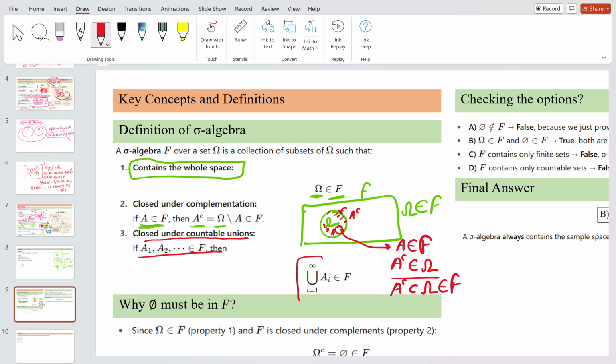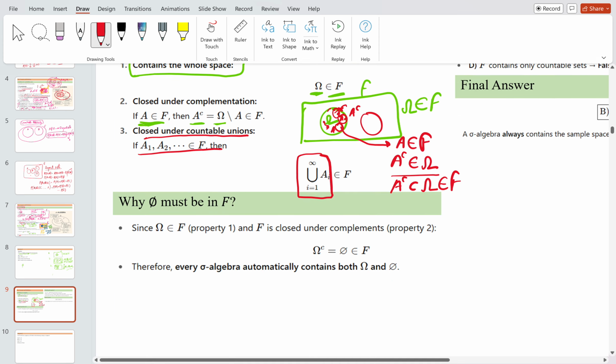Not only A is there, there are other elements also: A2, A3, A4, so that the union of all of them will belong to F, if they are disjoint sets.